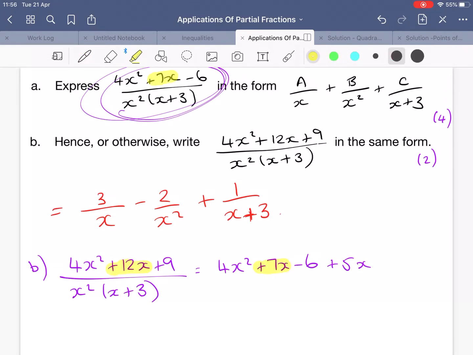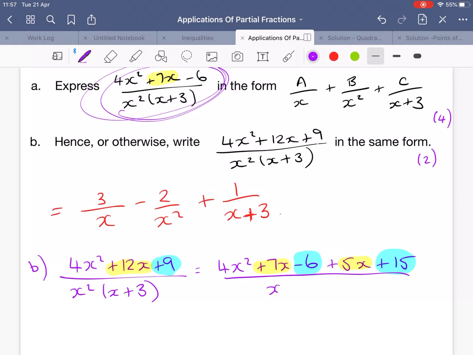I've got 7x from the first one, so I need an extra 5x. And equally, I had minus 6, but I want 9. So I need to add another 15, okay, because I need to have plus 9, and minus 6 add 15 makes plus 9.